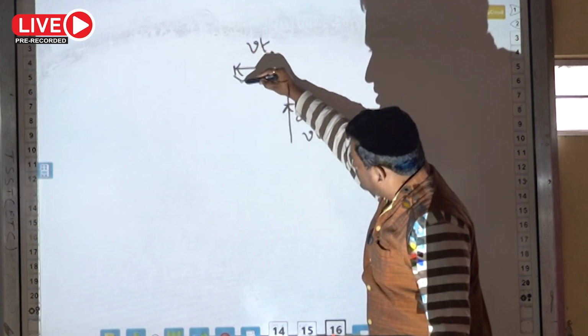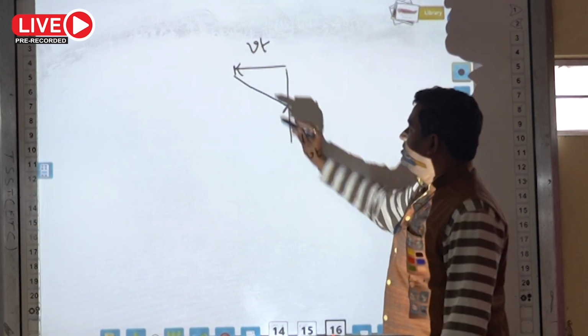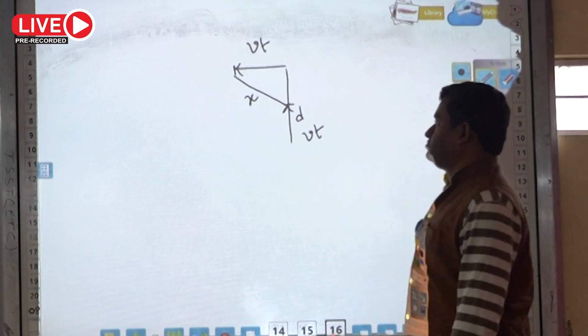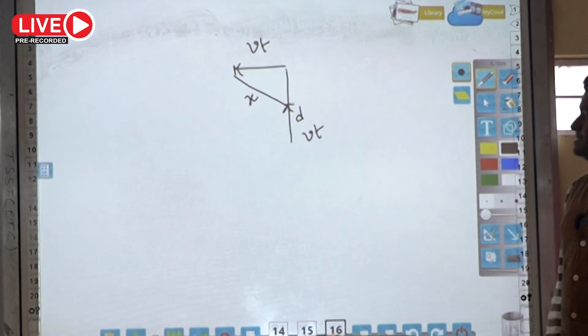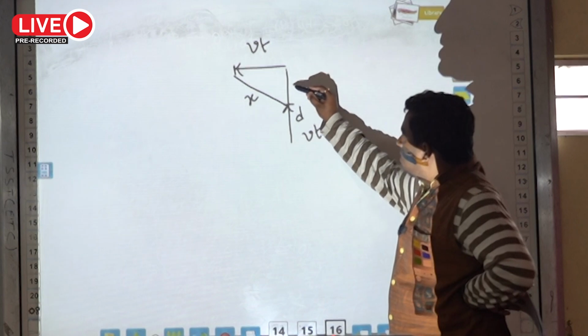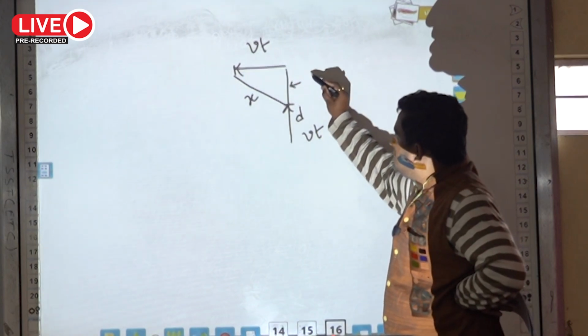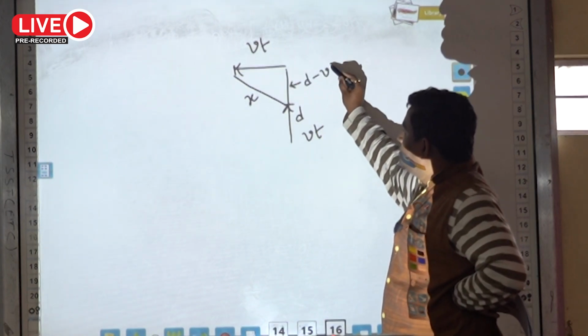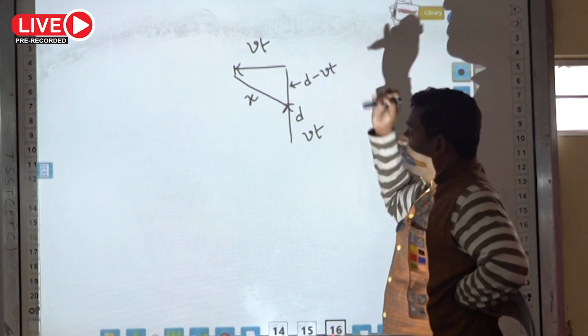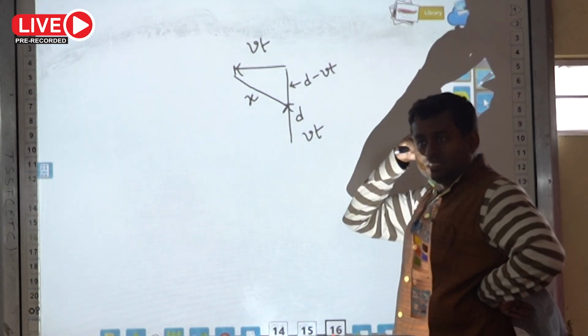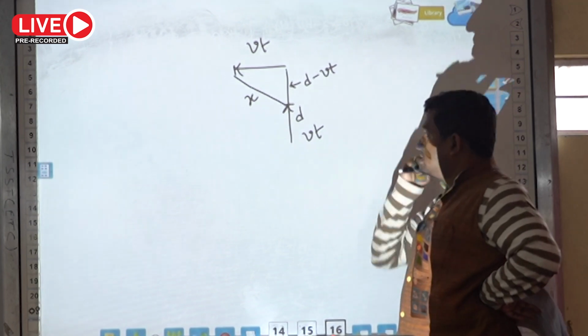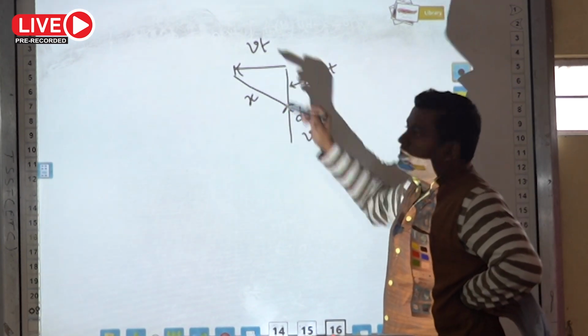Now the distance between them, this line, let it be x. Then I can write that this distance is d minus vt, and this distance is already vt.